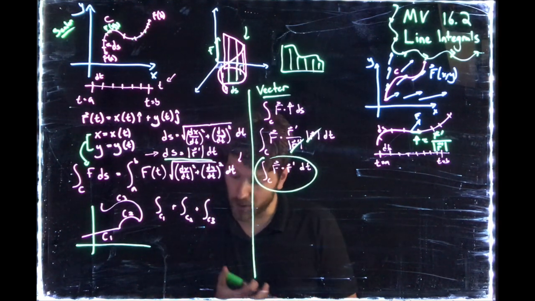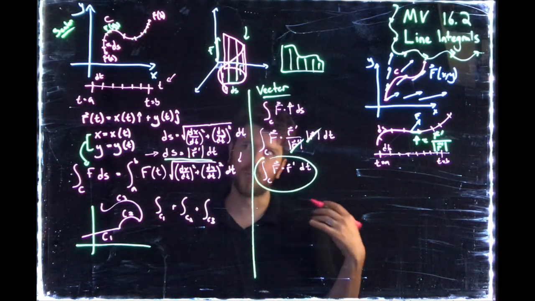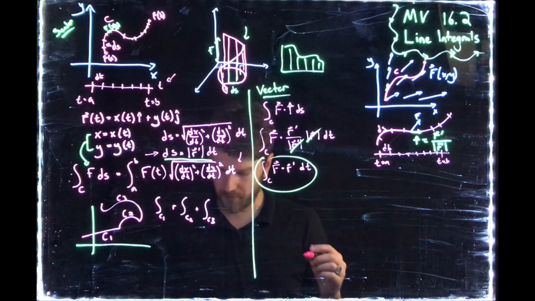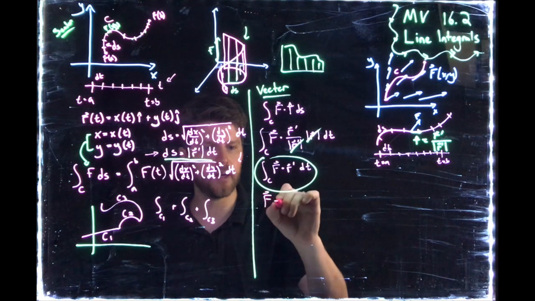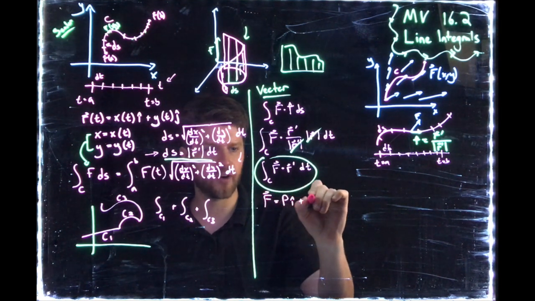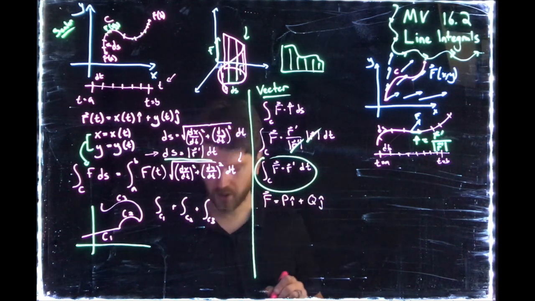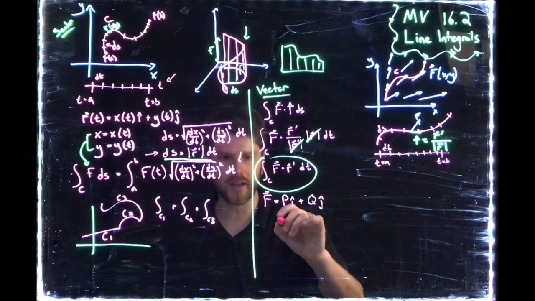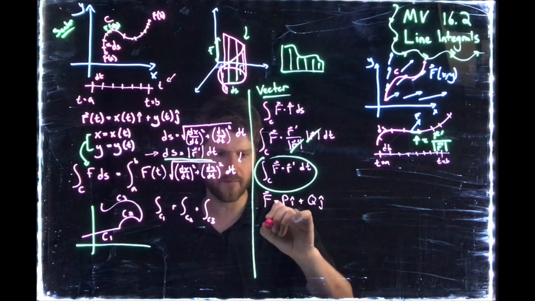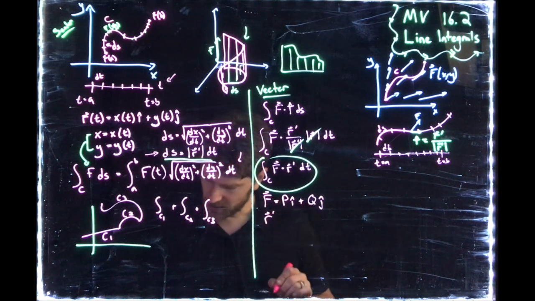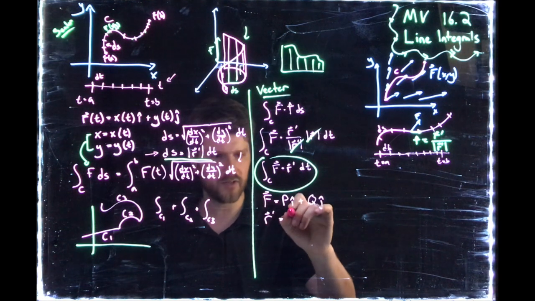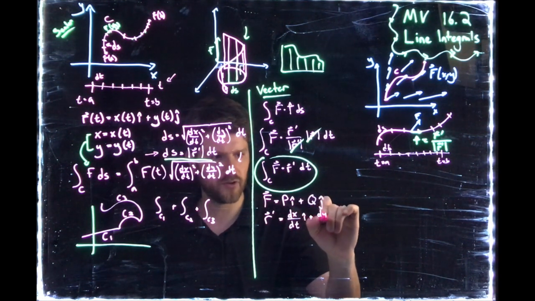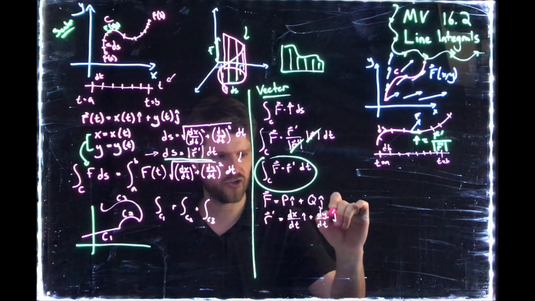There's actually another way we will write them, though, that's even more straightforward. You might recall that we often write our vector fields in the form P i plus Q j, where these are our component functions P and Q. And I can also imagine here that r prime is sort of like dx/dt i hat plus dy/dt j hat.